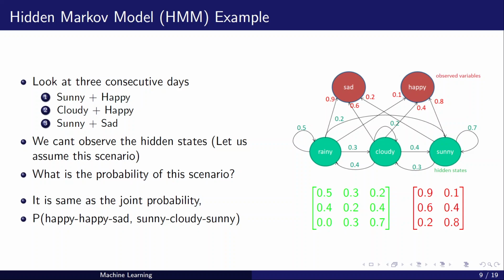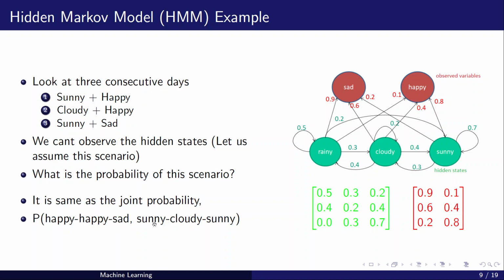You know that these are values of hidden states and we may not be able to measure this, but for the time being let's assume you are given this: sunny day you are happy, cloudy day you are happy, and sunny day you are sad. This can be obtained as a joint probability of the mood sequence happy, happy, sad, comma, the weather sequence sunny, cloudy, sunny.